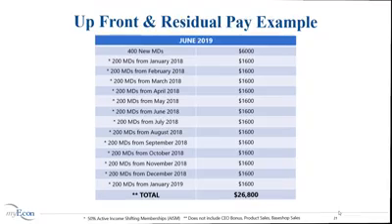In the month of June, 18 months from the time you started, you have now created a monthly residual of $26,800. Quite impressive on a product that has a monthly membership cost of $34.95.